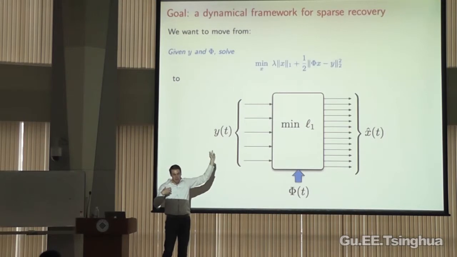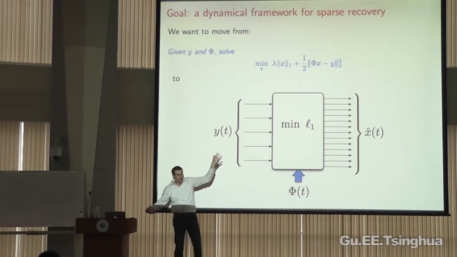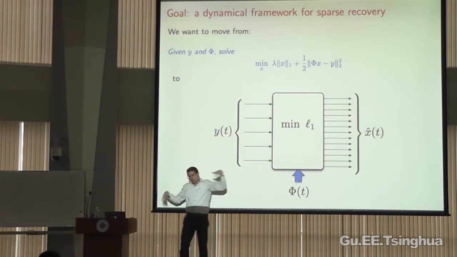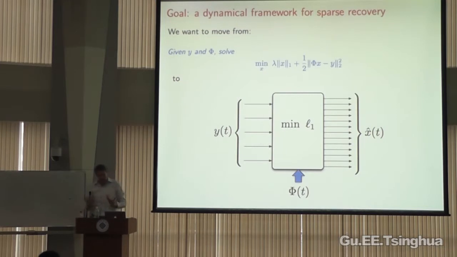How do I update my estimate of what x is? And maybe x has moved in the meantime, so maybe I have some dynamical model for how it's moved. Can I do something like a Kalman filter, where I just have an efficient set of updates to get the new solution back from the old one? What he did in his thesis is develop not just how to do this, but really a framework for doing something like this, for L1 problems in particular.